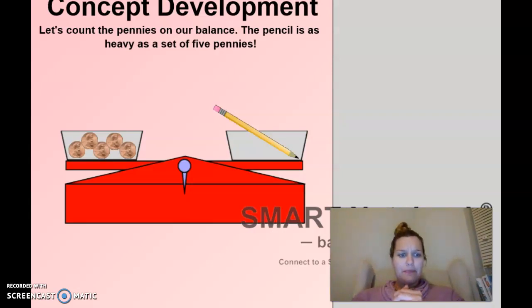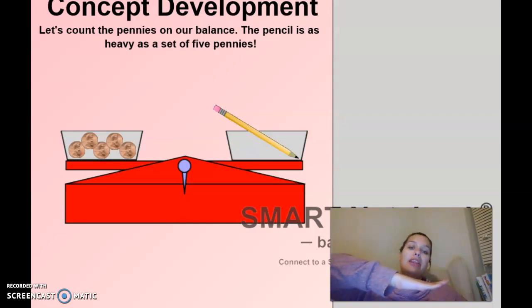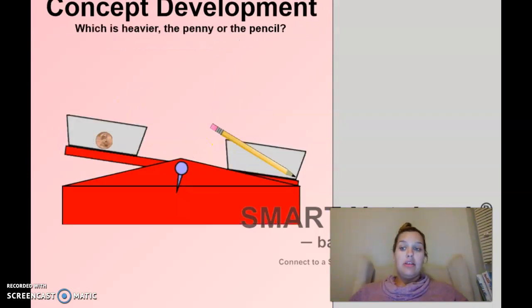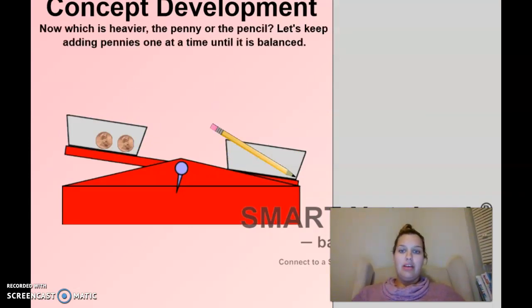Balanced. Can you say balanced? And balanced means everything's equal, equal weight. So to get the scale to be balanced, we found that we needed more pennies, remember? We looked at 1 penny. That wasn't enough. I put another one in there. It still wasn't enough.